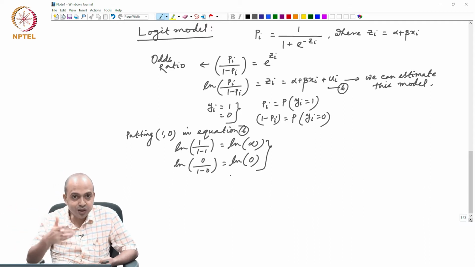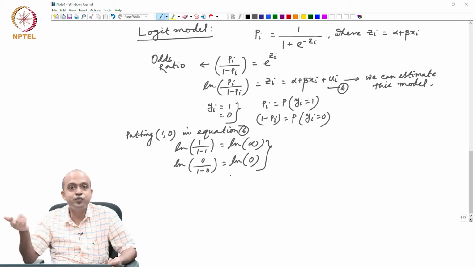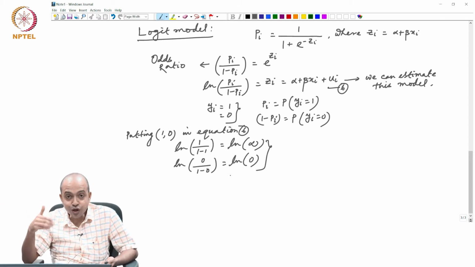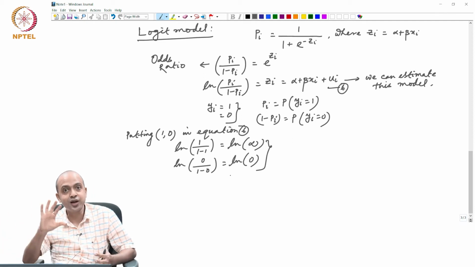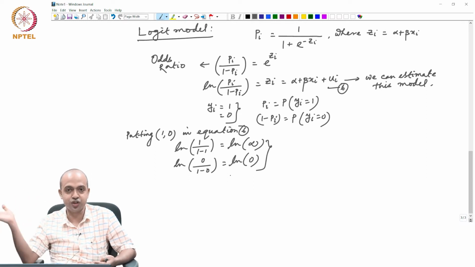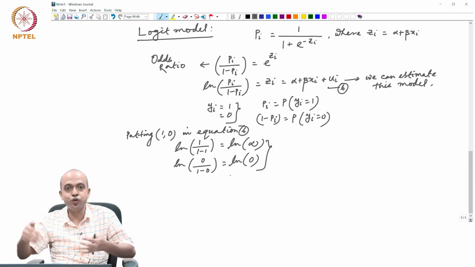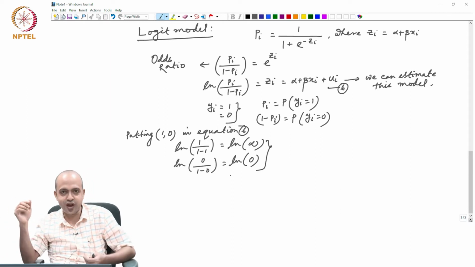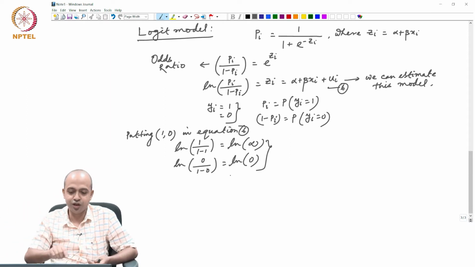But the probability of owning a car is unobserved. What we observe is the ultimate realization, the decision, whether the person has taken it or not. But in this model 6, log of Pi by 1 minus Pi is not observable.